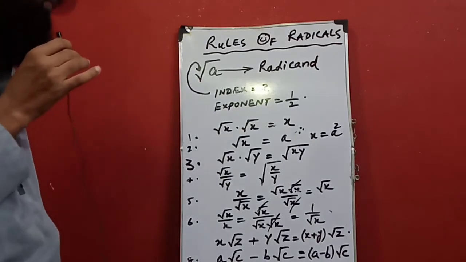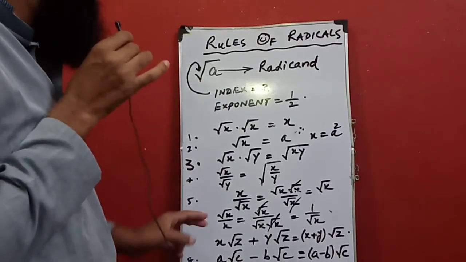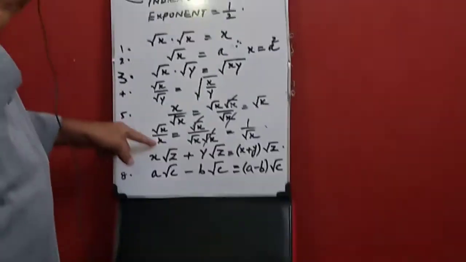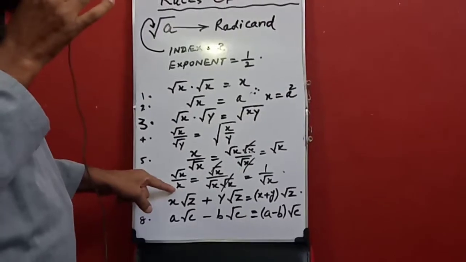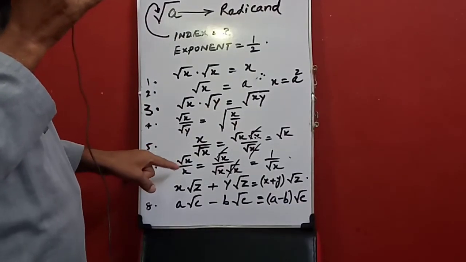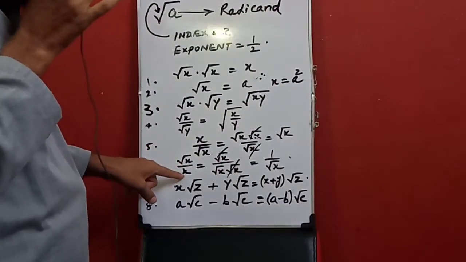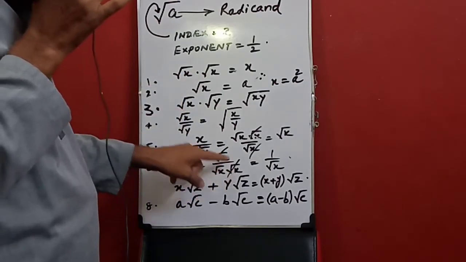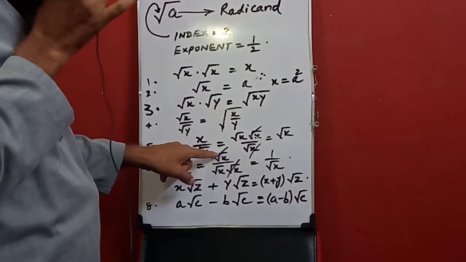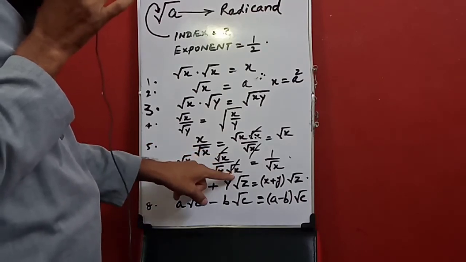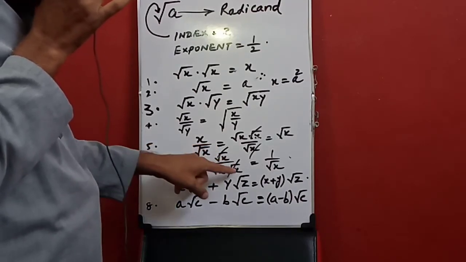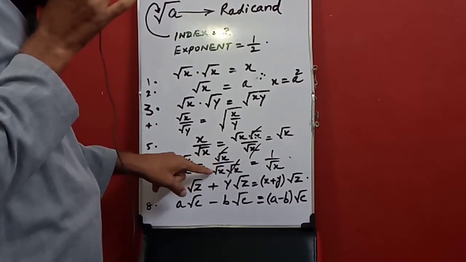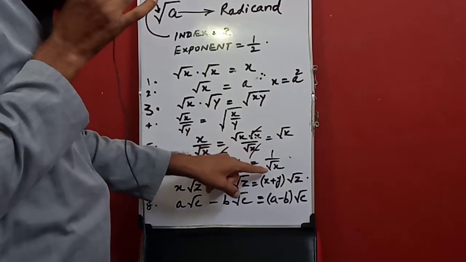Similarly, in rule number 6, if a radical sign is divided by the number x, first we change the x according to rule number 1, root x into root x. The numerator radical x and denominator radical x are both cancelled, but one radical sign remains in the denominator, that means 1 upon root x.